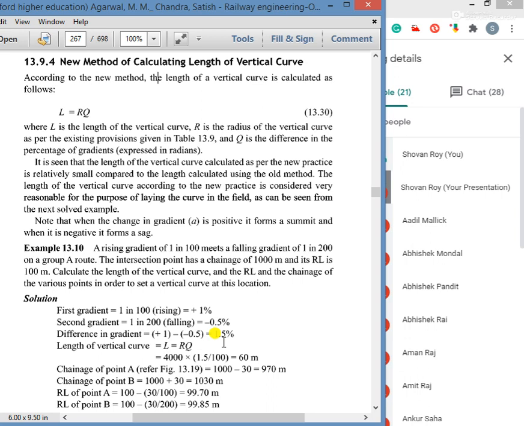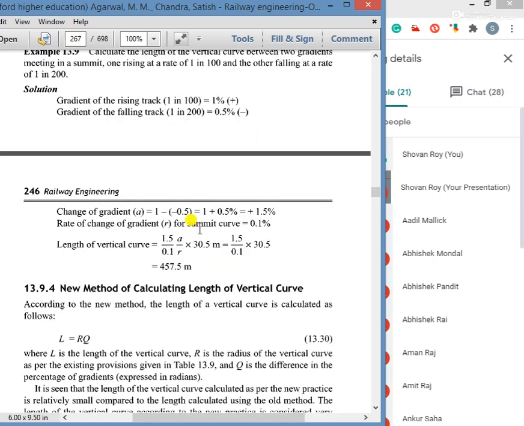The intersection point has a chainage of 1000 meter and its RL is 100 meter. Calculate the length of the vertical curve and the RL and chainage of the various points in order to set out a vertical curve at this location.